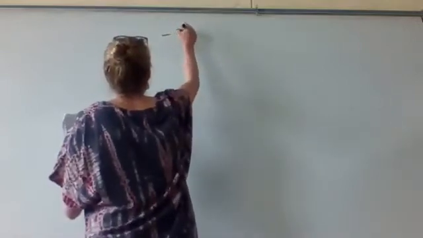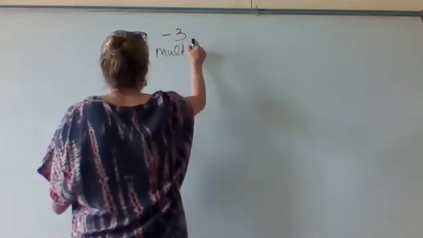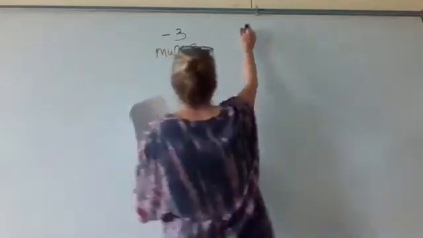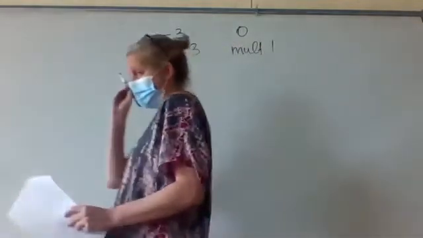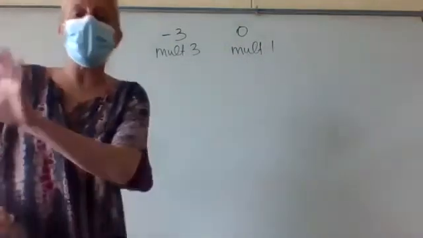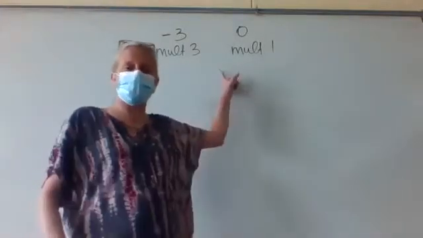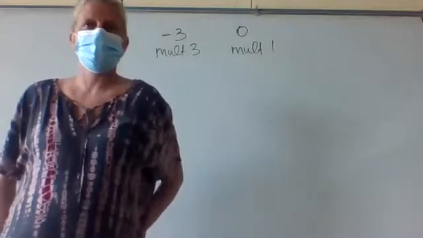It tells me that negative 3 is a 0 of multiplicity 3. And 0 is a 0 of multiplicity 1. So I know the zeros of the function. It wants me to find out what is the function that has those zeros.